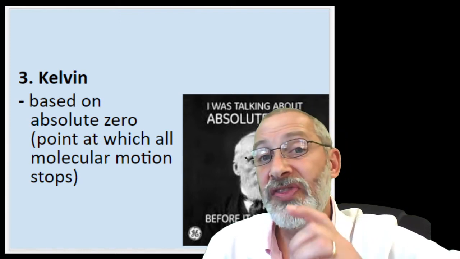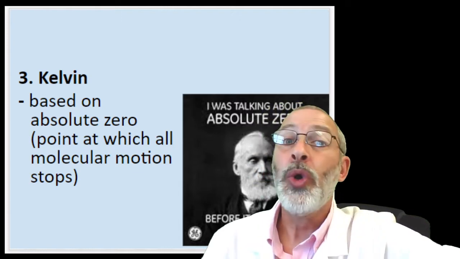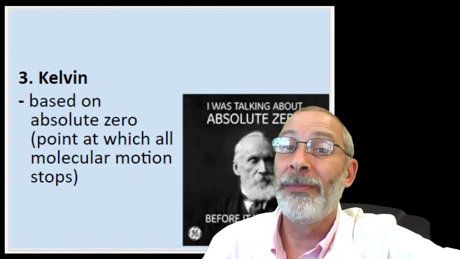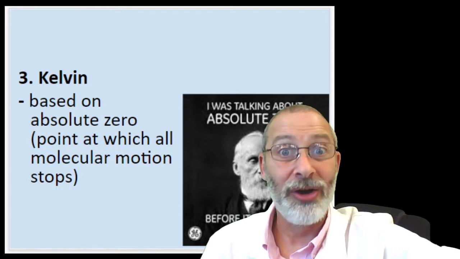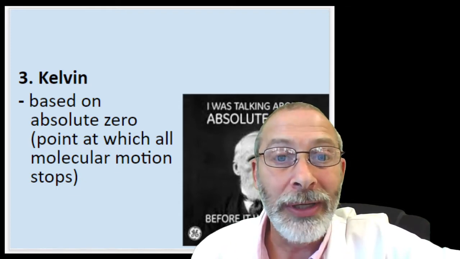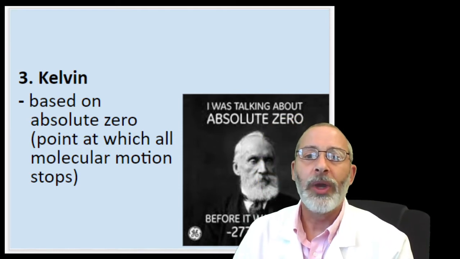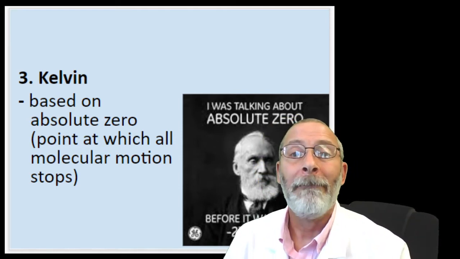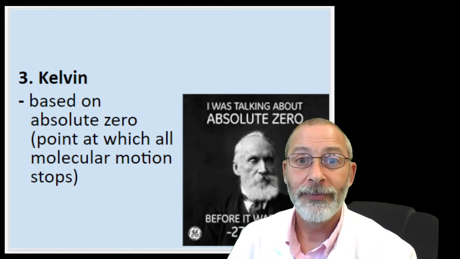Now, this is a theoretical temperature that is measured mathematically. We haven't been able to completely achieve absolute zero yet, although we've gotten pretty close to it. Absolute zero is the point at which all molecular motion stops.